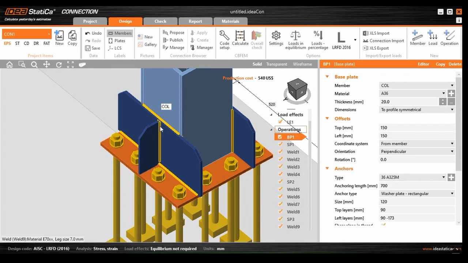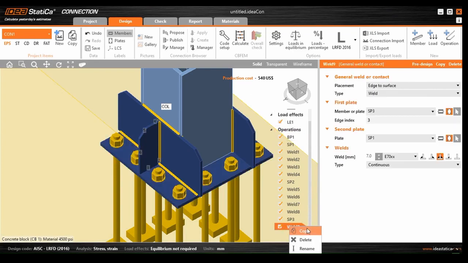So now we need more of SP3, but in different locations. Create a copy of SP3. Okay, just one weld. We forgot the weld of SP3 to base plate. So create a copy of weld 9.